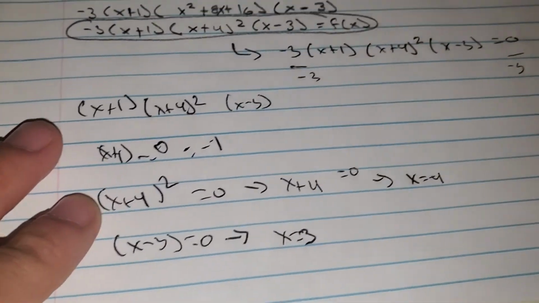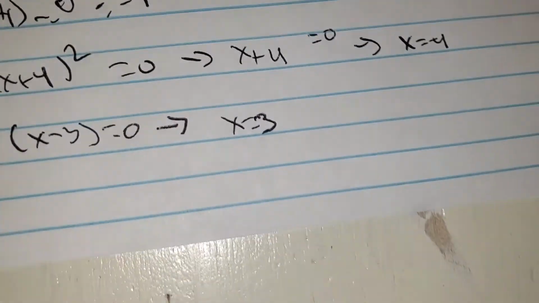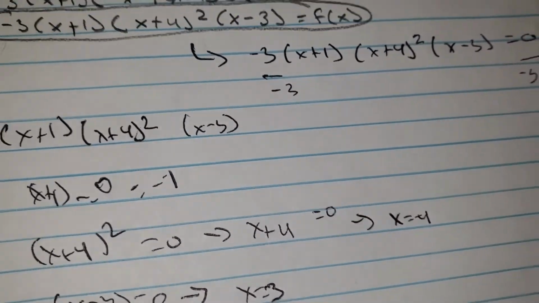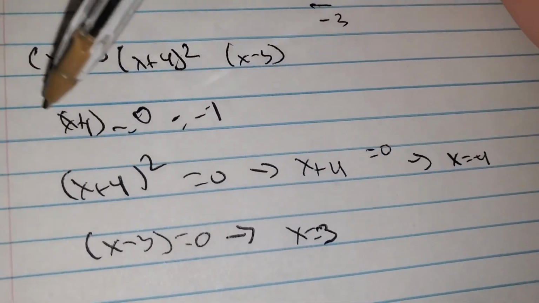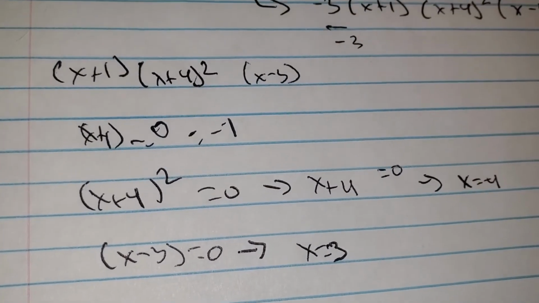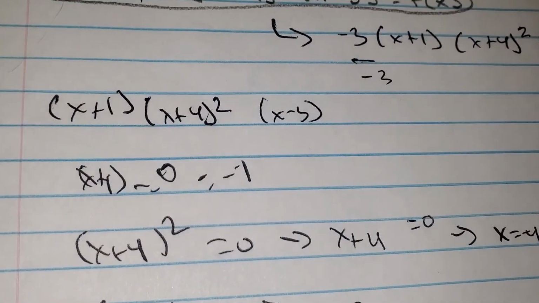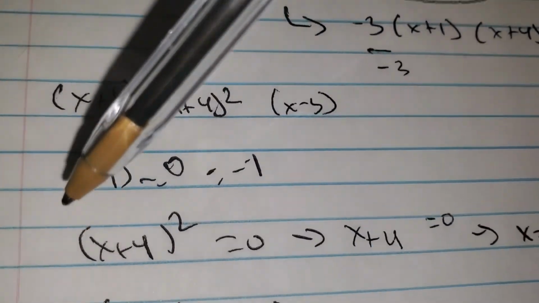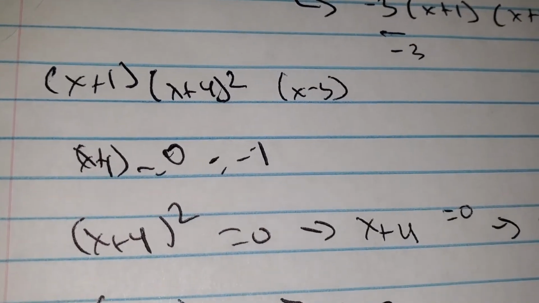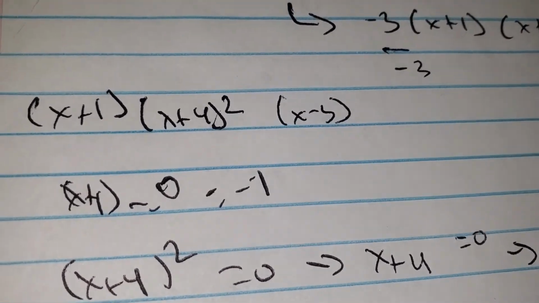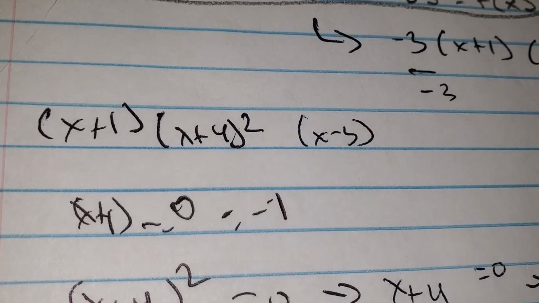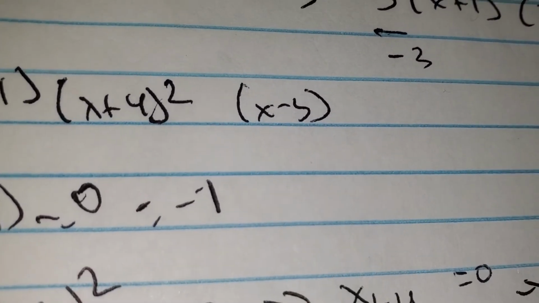These are all the roots of this polynomial. When we talk about graphing, we would do the same steps up to here, graph all the roots, and cross and bounce according to their multiplicities while we're graphing them.